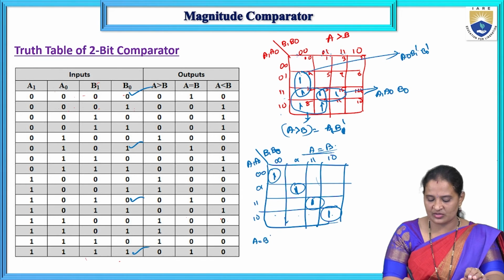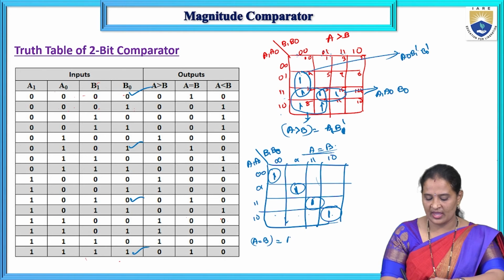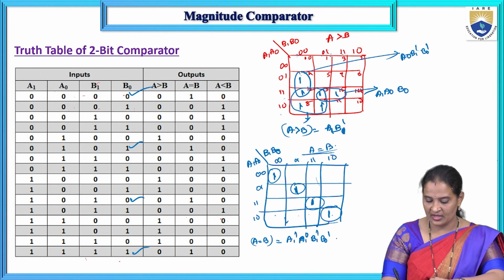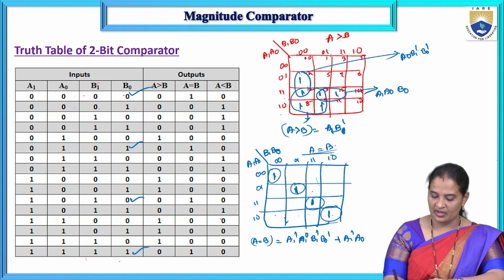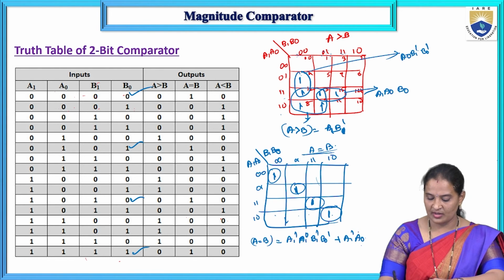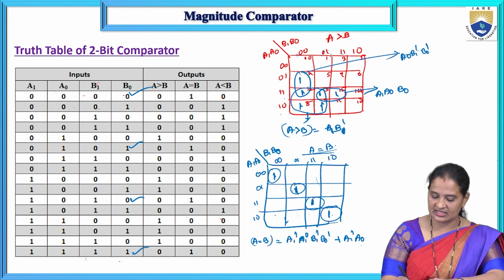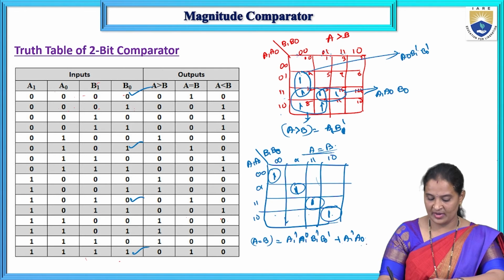So now the A equal to B output will become A1 complement, A0 complement, and then B1 complement, B0 complement, right? Plus this one, A1 complement A0, B1 complement B0.